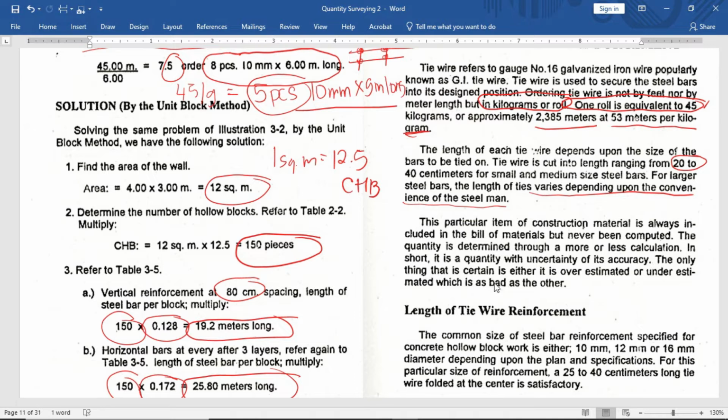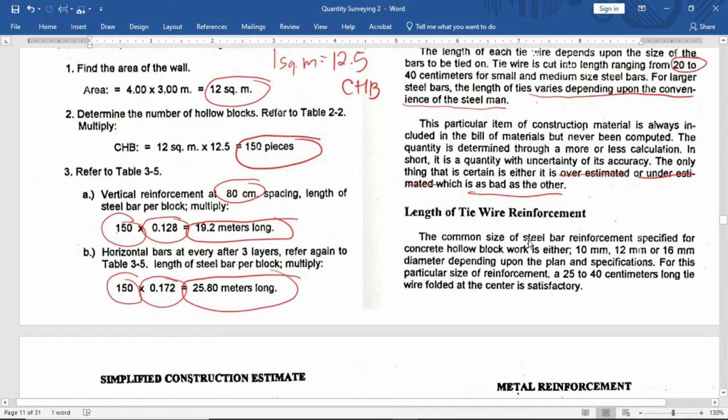The only thing that is certain is either it is overestimated or underestimated, which is as bad as the other. Kadalasan, hindi na ito nakakaligtaan sa pag-estimate. Minsan, overestimated tong tie wire natin. Minsan naman, underestimated. Which is bad.